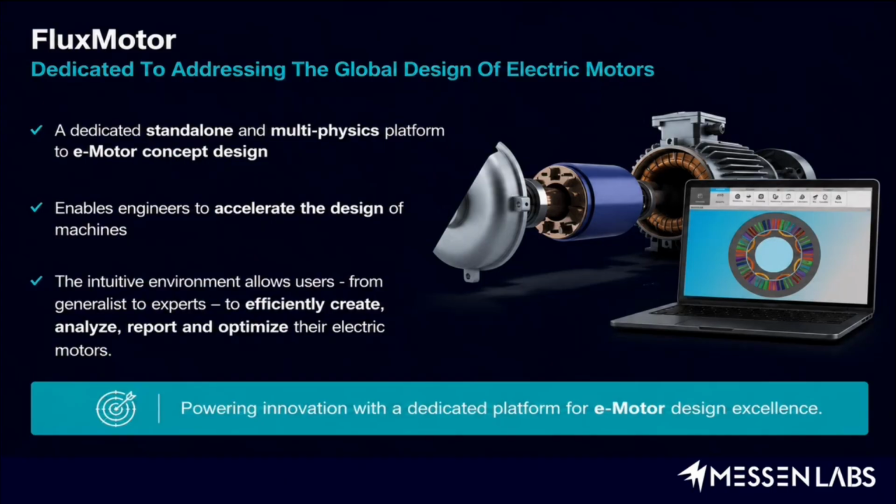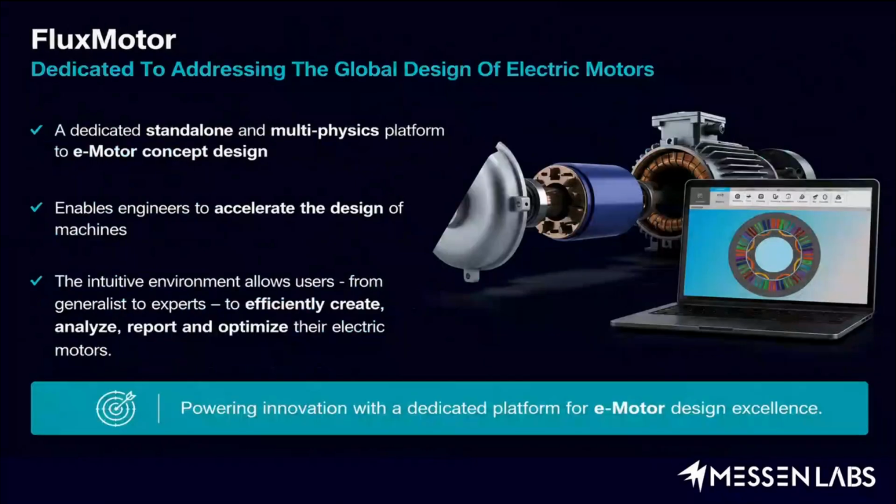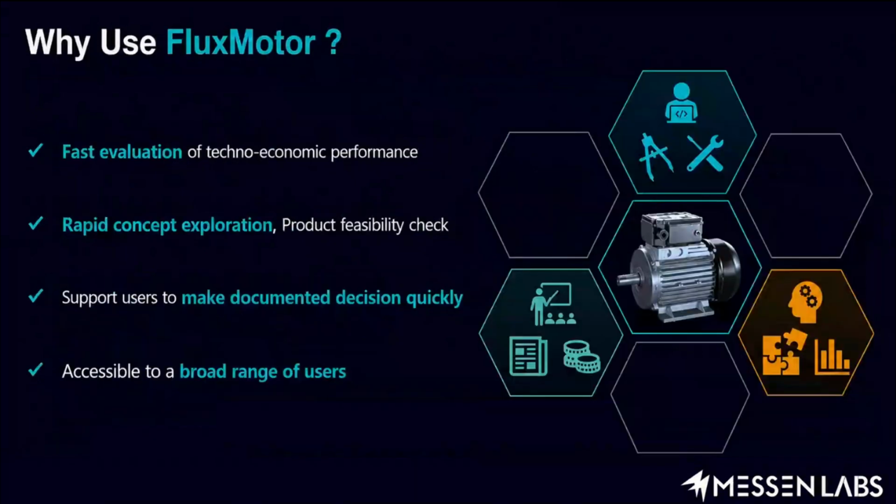And yeah, so why should we use FluxMotor? Fast evaluation of techno-economic performance. Another thing, first is what we do. As I mentioned, creating the model is pretty straightforward. All you need are numbers, and you just need to pick and choose the type of magnet and slot that you need, right?